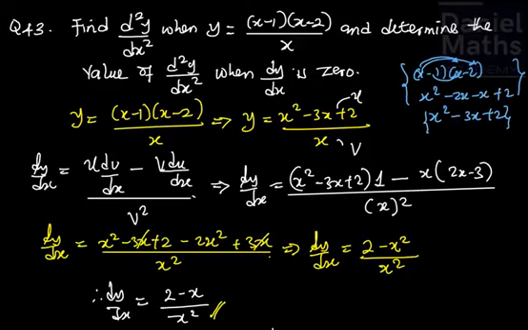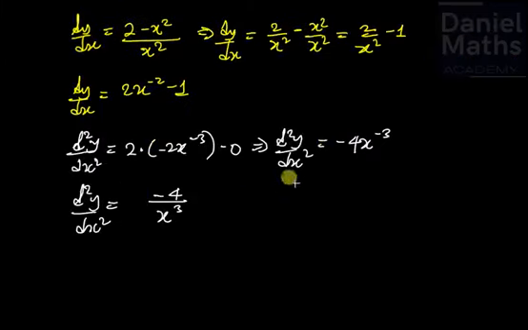So now going to solve that, if dy over dx is equal to 0, then it means that 2 minus x squared all upon x squared is equal to 0.